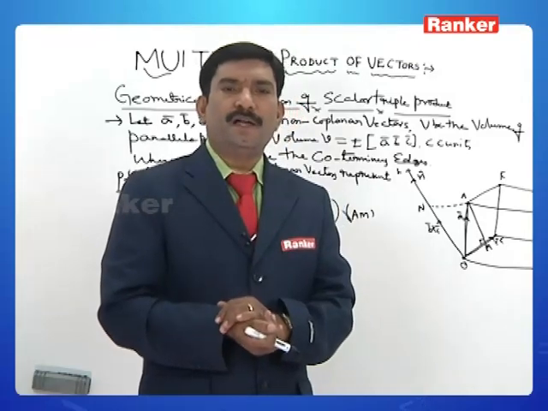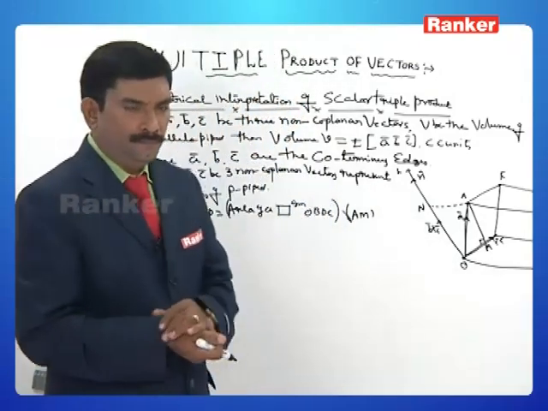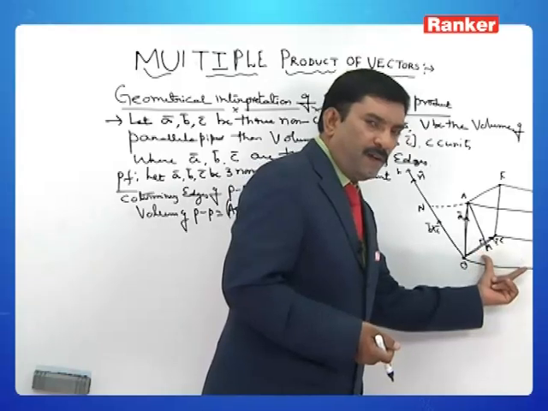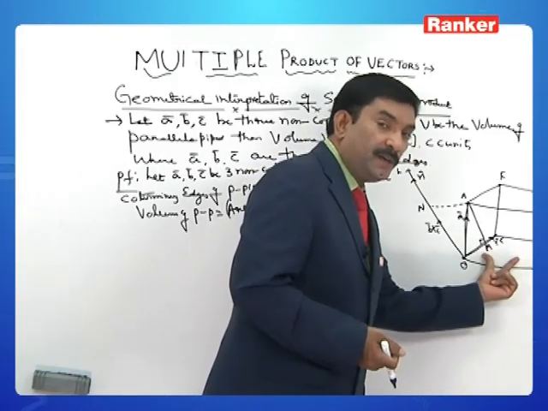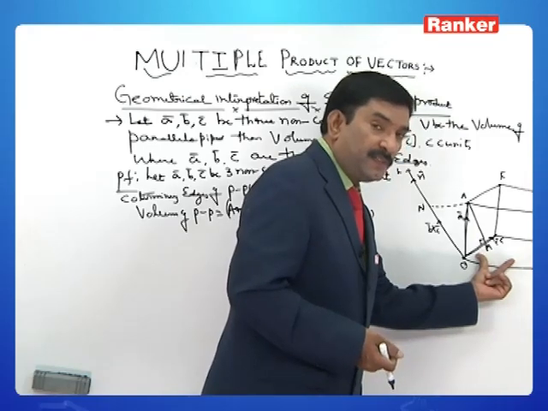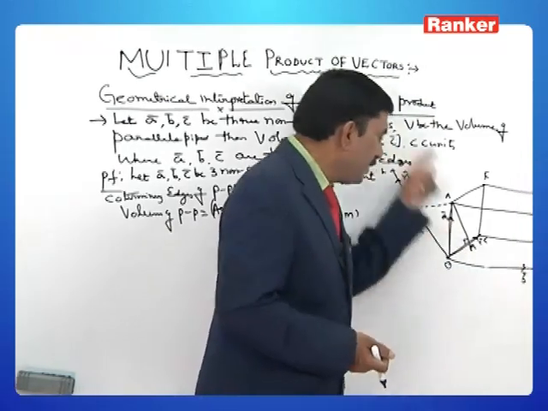AM represents the height. The volume of a parallelepiped is equal to the area of this face, the face being nothing but a plane, the area of a parallelogram into height AM.